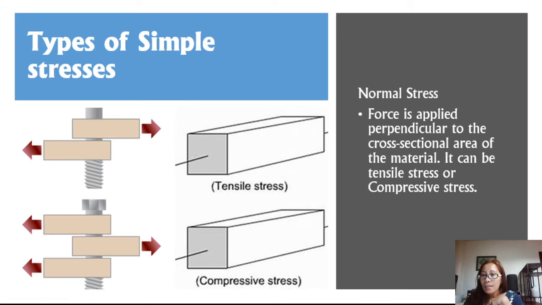It is tensile stress because the direction of the forces is away from each other, which means they are pulling, so it creates tension. While the compressive stress is when the direction of the two forces is facing each other, so it creates compression. So that's why it's called compressive stress.